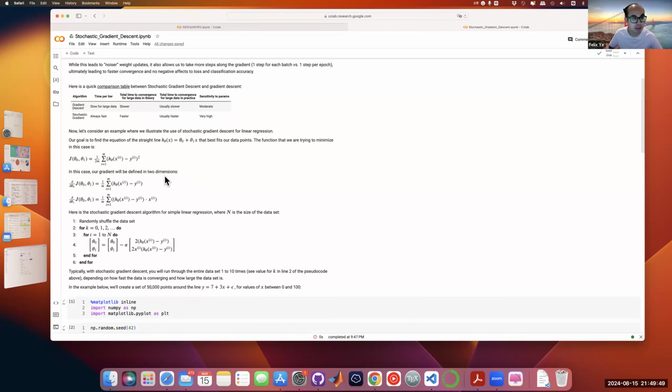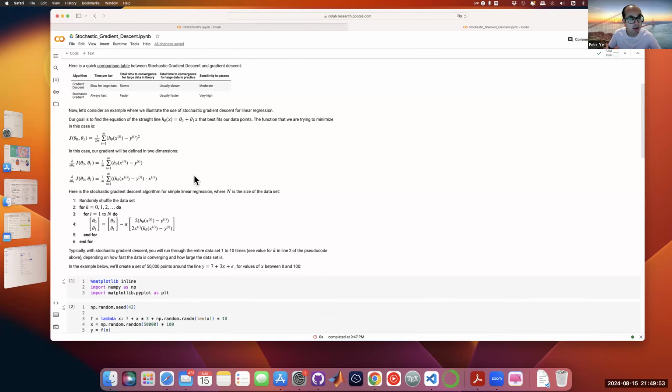This is a very simple example in terms of logistic and linear regression. We know that for linear regression we have an analytical solution, but here we're just using stochastic gradient descent to demonstrate this idea. Basically, the whole idea is right here.